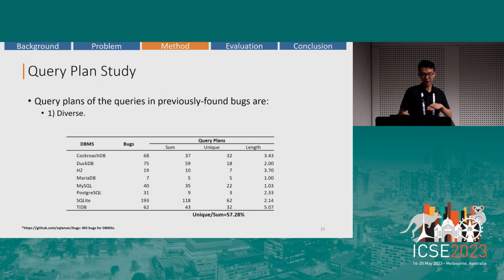This demonstrates we can cover more and more different query plans to observe different behaviors. A second observation is that they are typically compact and simple, as every length is less than 3. The length refers to the number of operations in a query plan. If there are more operations in a query plan, it typically means this execution is more complicated.